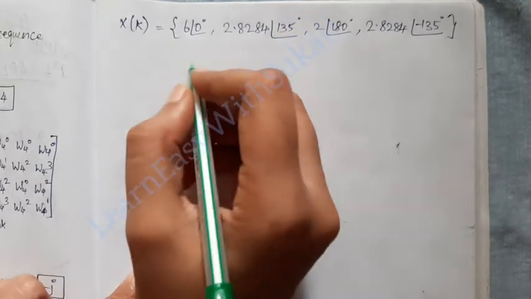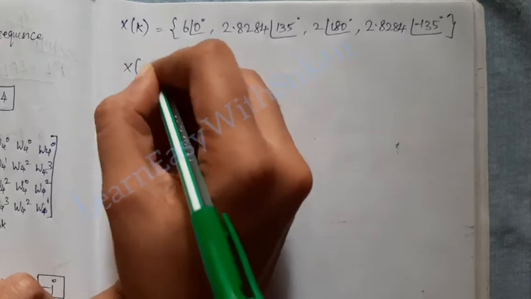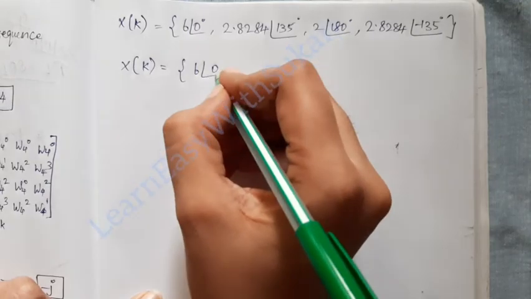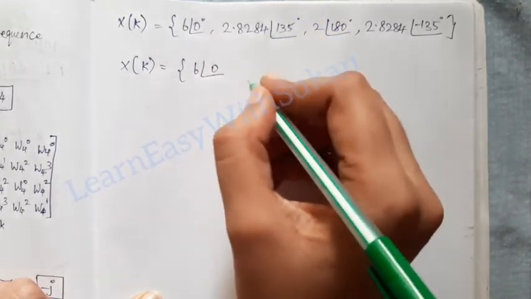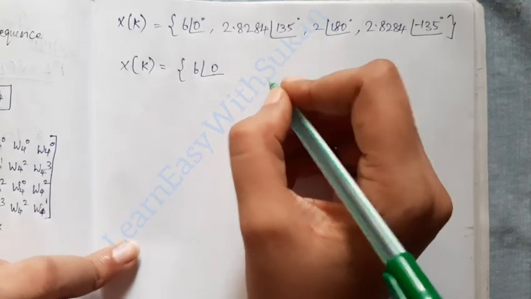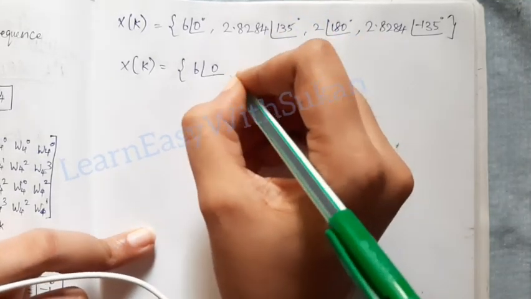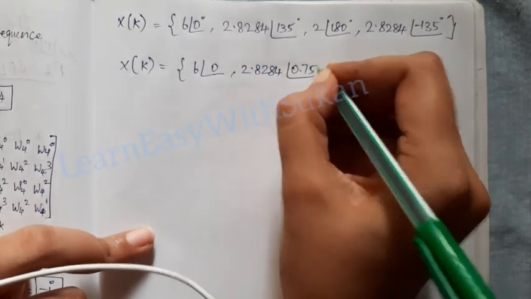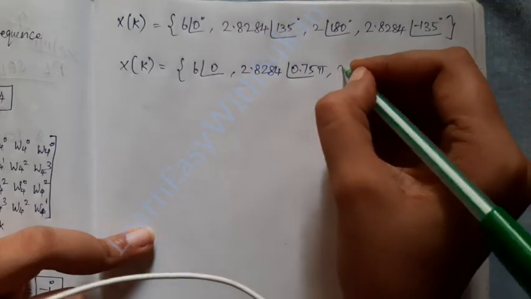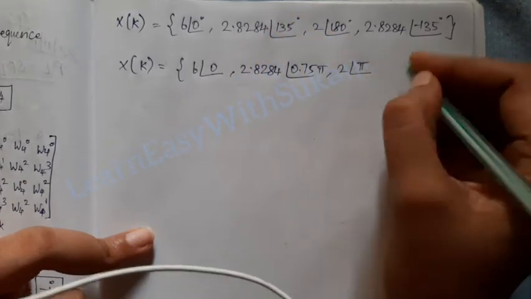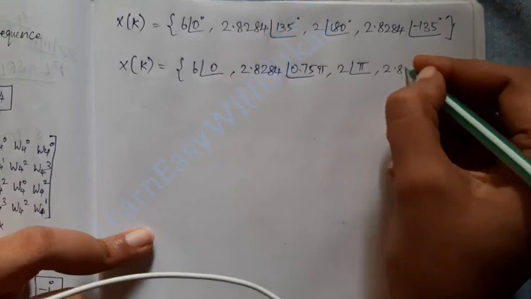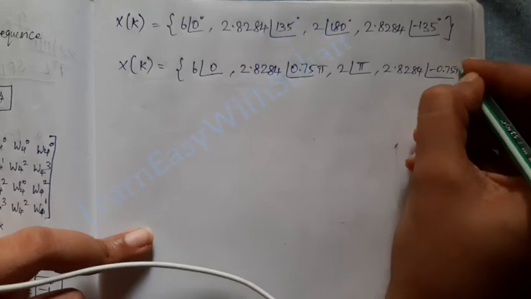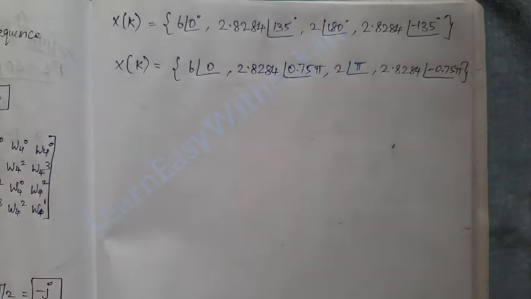Okay, so the corresponding radian form is x of k is equal to 6, since the angle is 0, we will not have any pi here, 2.8284 angle of 0.75 pi, again 2 pi, 2.8284 angle of minus 0.75 pi. So this is the converted radian form.